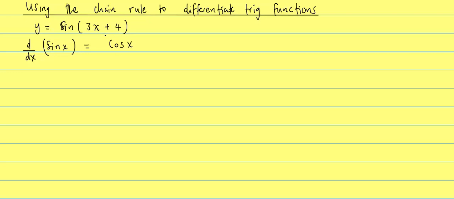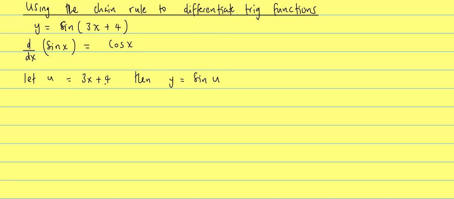So the objective is to reduce it into a basic equation by doing the substitution. If I let u be equal to 3x plus 4, then it follows that the function y is now going to be equal to the sine of u, something which we can differentiate with ease based on our previous knowledge.